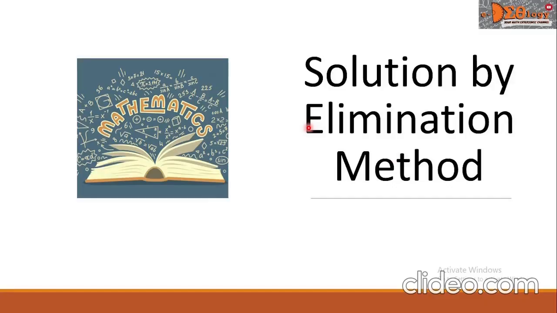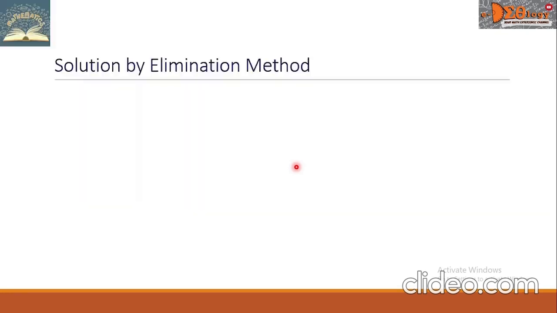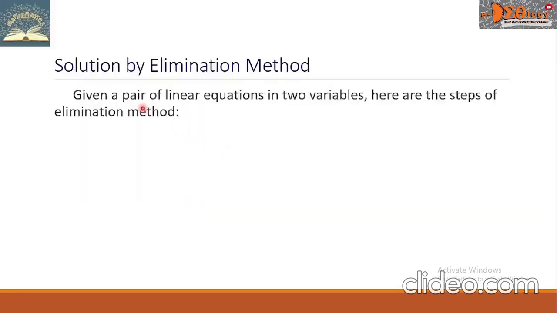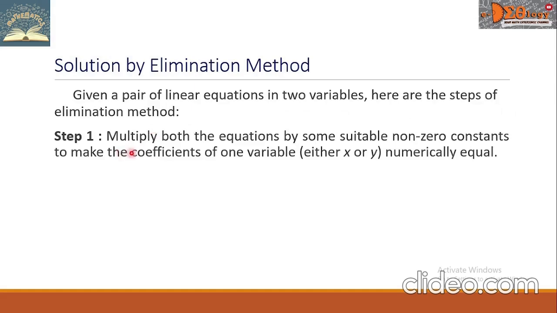Hi everyone. Today we're going to study solution by elimination method. Given a pair of linear equations in two variables, here are the steps of elimination method. Step 1. Multiply both the equations by some suitable non-zero constants to make the coefficients of one variable, either x or y, numerically equal.